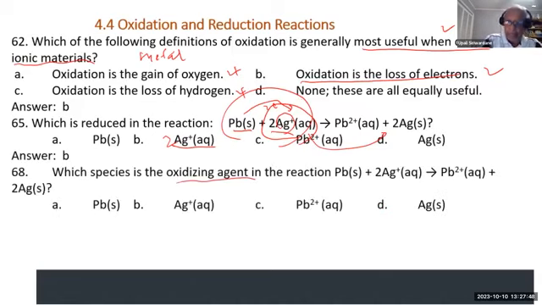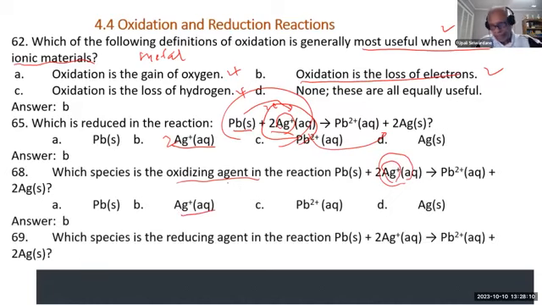Oxidizing agent is again silver. Why? The oxidizing agent is the agent that is reduced. What is reduced is silver. Therefore, silver ions are the oxidizing agent.